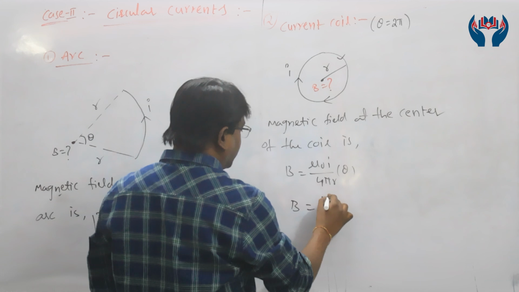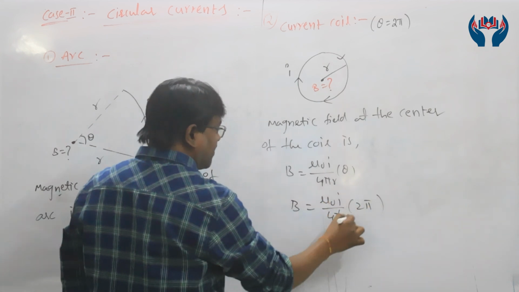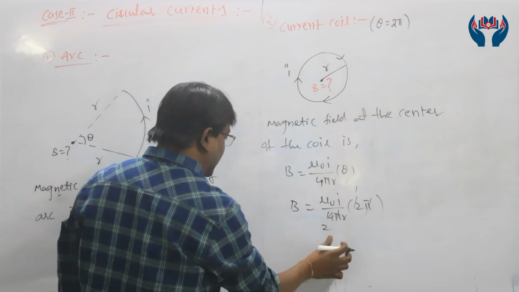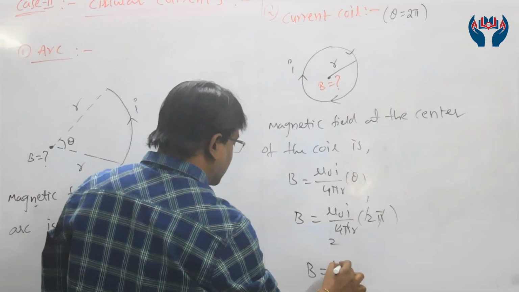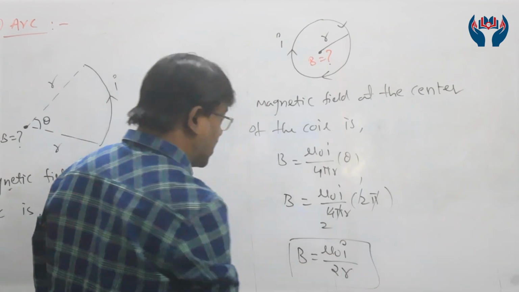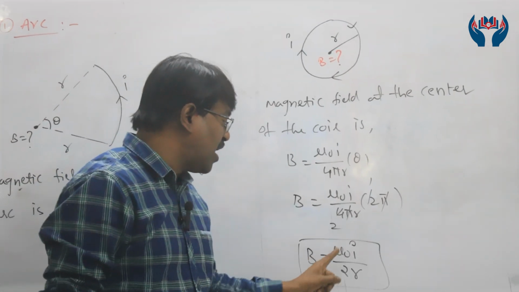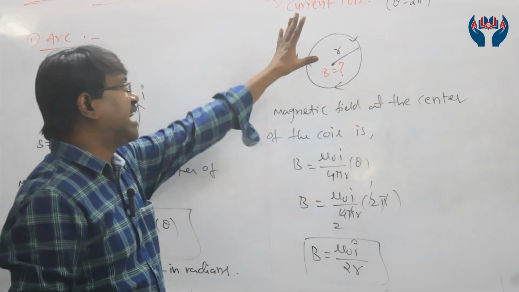So mu naught I by 4 pi R into 2 pi. Here pi cancels, and 2 divided by 4 gives 2. Finally, the magnetic field at the center of the current coil is mu naught I by 2R. Remember this formula.